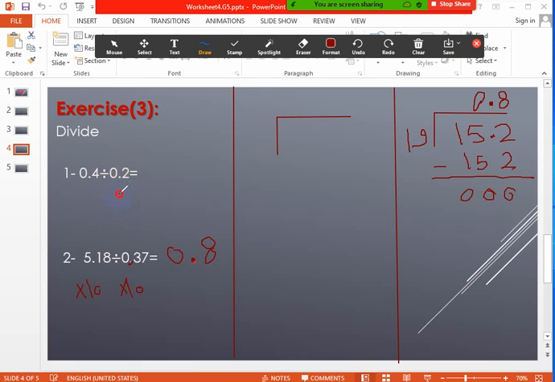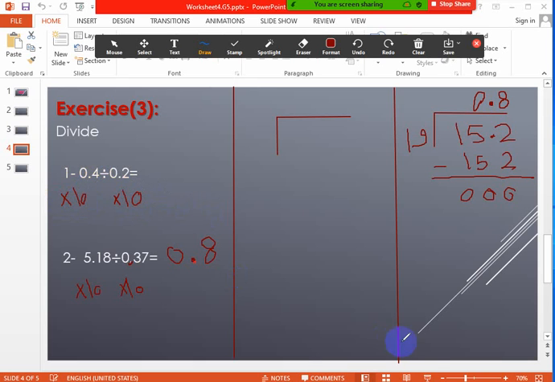That means I have to multiply the divisor with what to make it a whole number? Multiply by 10. I have to multiply it, not divide it by 10. Also, I have to multiply the dividend with 10.